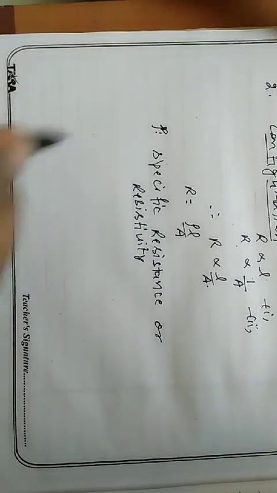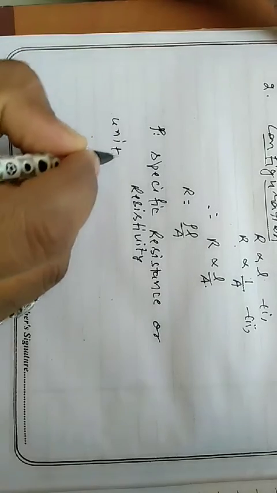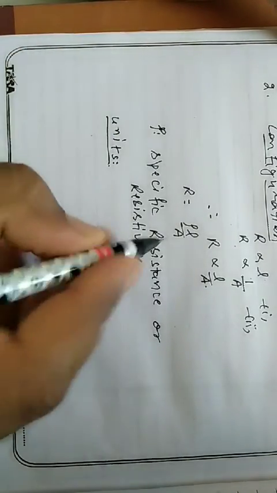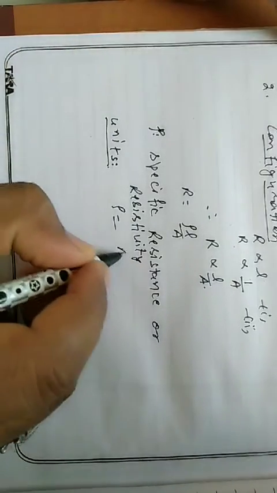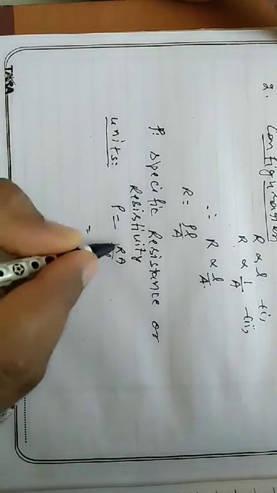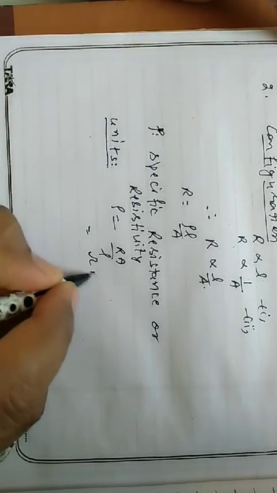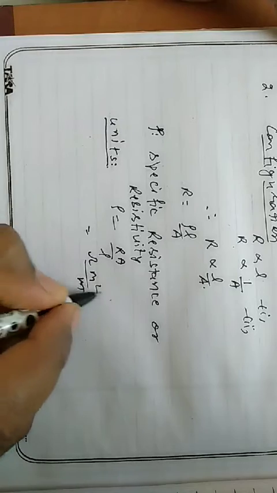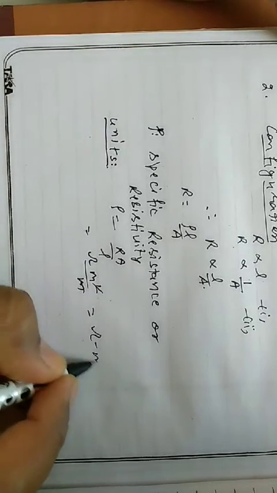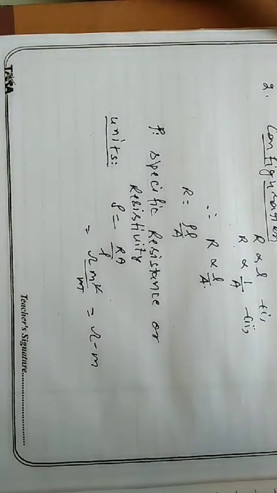We can find the units of resistivity. Rho is equal to RA by L. R is in ohm, area is in meter square, length is in meter. The meter will cancel, so the unit will be ohm meter.